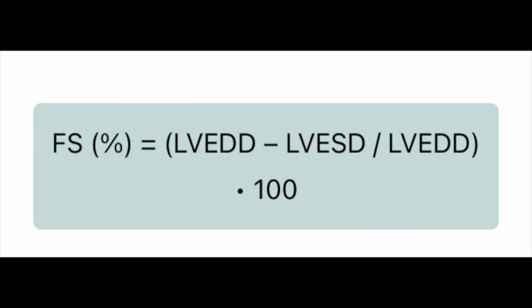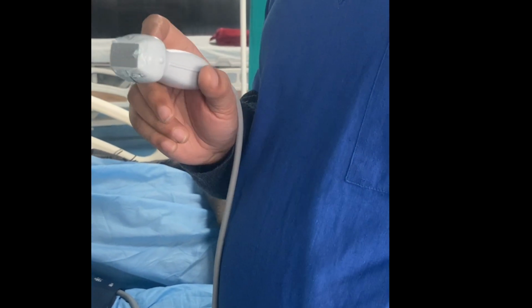In this we have to measure the left ventricular diastolic diameter and the left ventricular systolic diameter, and then calculate the fractional shortening. A fractional shortening of 28% or more is considered equivalent to a normal ejection fraction, and less than that is considered a low ejection fraction.